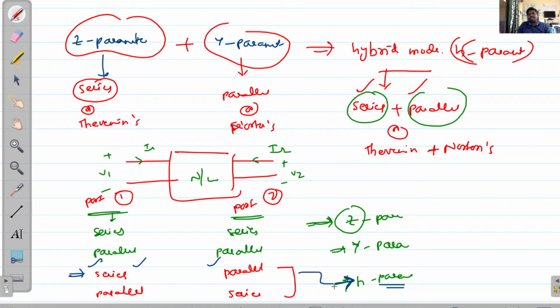The inverse of this hybrid model is nothing but G parameters, the inverse hybrid. These are the two models, a combination of series and parallel, that means Thevenin's and Norton's network. Anyway, we will discuss G and H parameters in the next session. Okay, thank you.